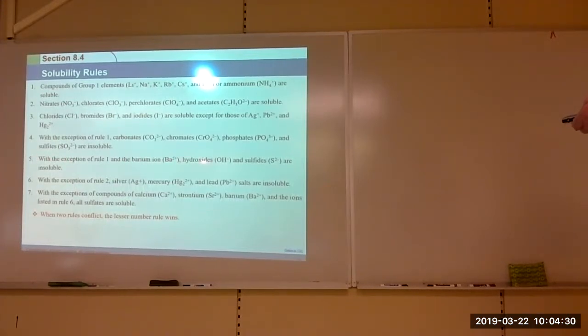Well, if this one says it's insoluble, and you look up here and one of these above it says it's soluble, the one above it takes precedence. So the one higher up in the chart, or up in the table here, is the one that wins. If this one says it's insoluble, but that one says it is, then it's soluble. That's why they're in that order.